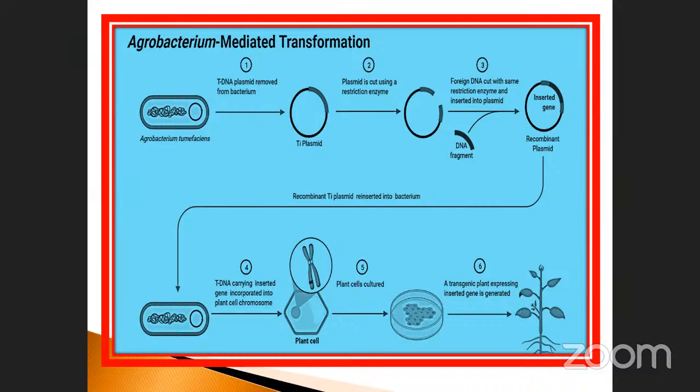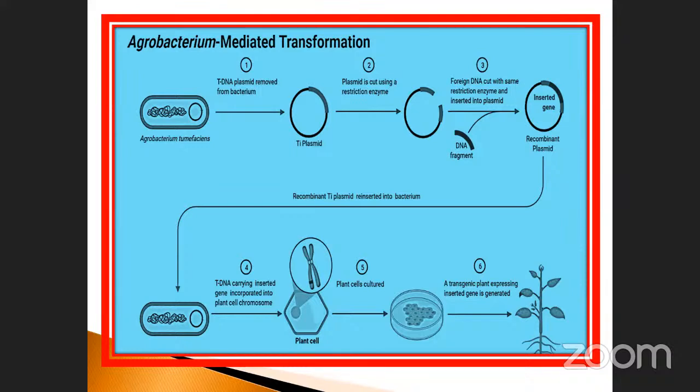When the plasmid is isolated outside, we can rupture the cell with the help of some mechanical equipment. We can isolate the plasmids, particularly this portion responsible for the Ti plasmid, the tumor-inducing plasmid.